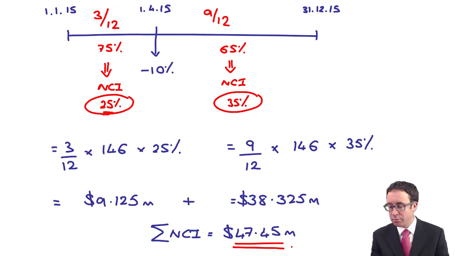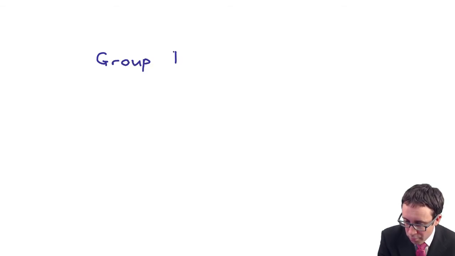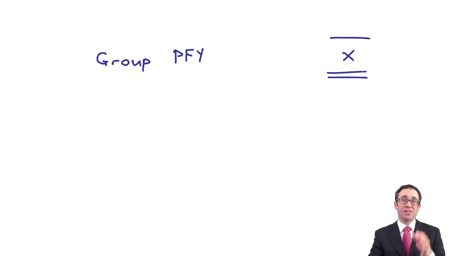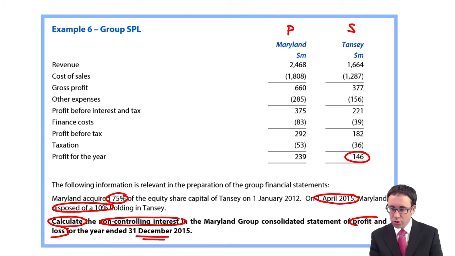That goes in the group statement of profit or loss. You don't have to do this in the exam, but I'm just going to show you where that figure fits in. So remember, what you've got there is you've got everything from revenue down to tax to give you your group profit for the year, isn't it? So I'm not going to work it out, but effectively that's 100% of P and 100% of S. I suppose we could actually work it out, couldn't we? Because there's no adjustments within the question, are there? So 239 plus 146.